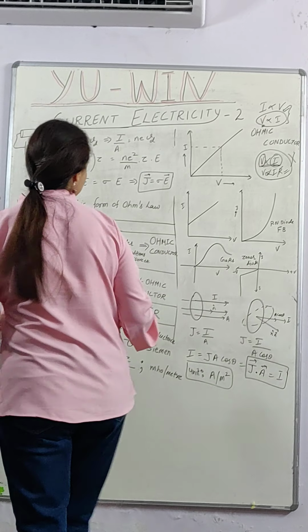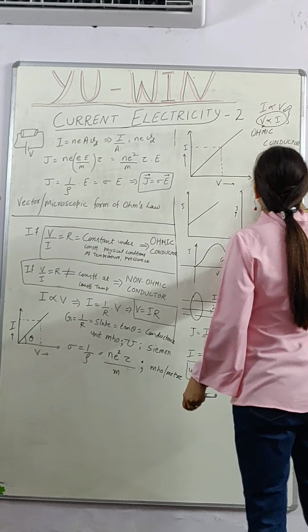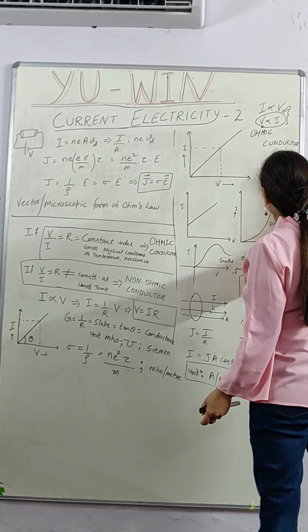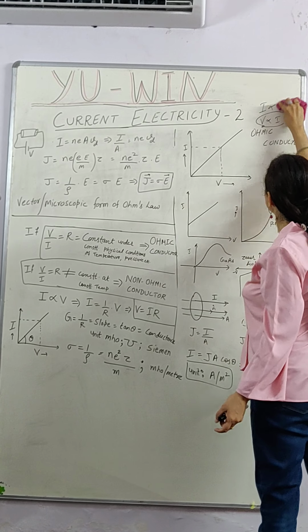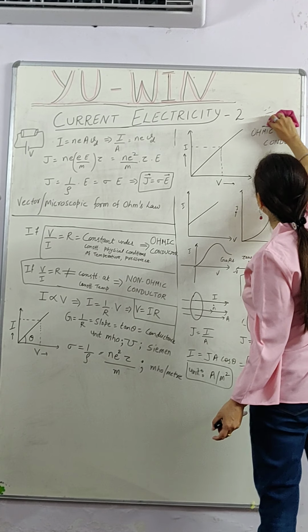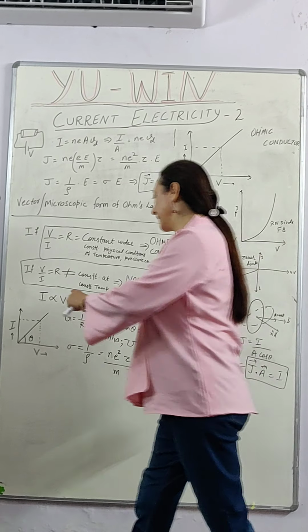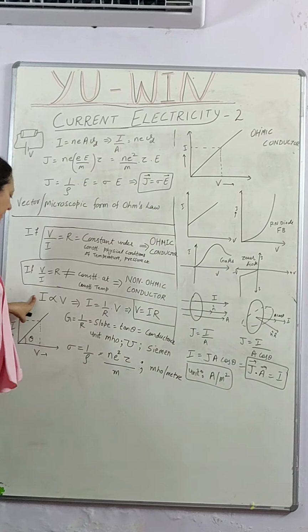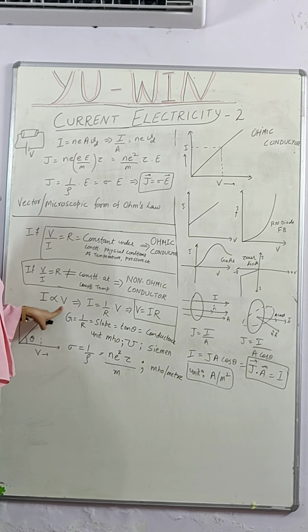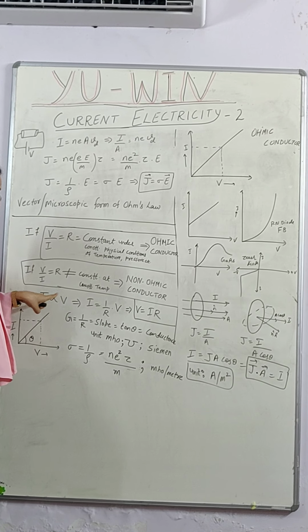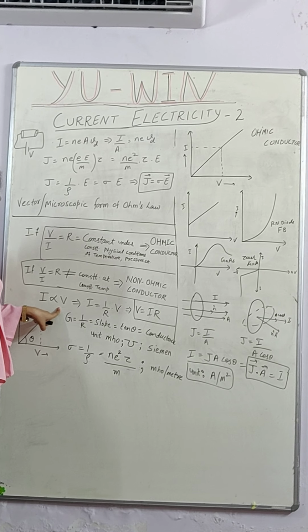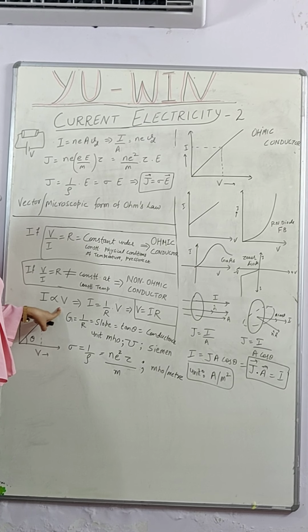Mathematically you can say it is correct, but technically the current is the dependent variable and voltage is the independent variable. So Ohm's law says that the current produced in a conductor on the application of a voltage of V volt depends upon the nature of the material as well as the temperature.